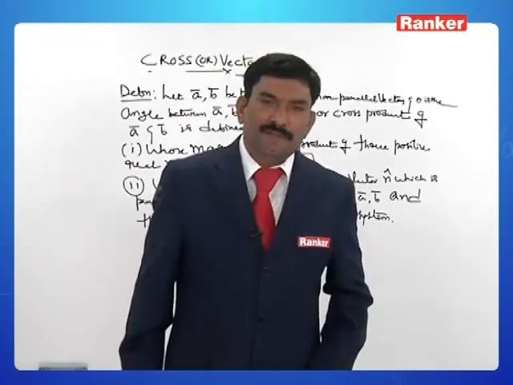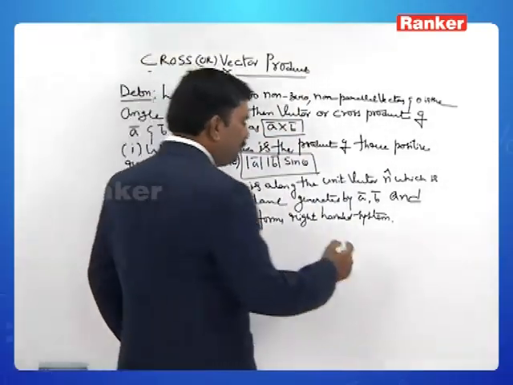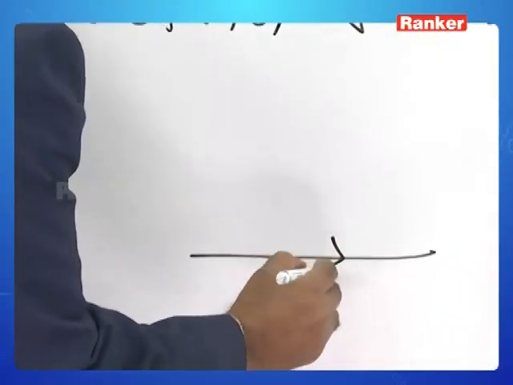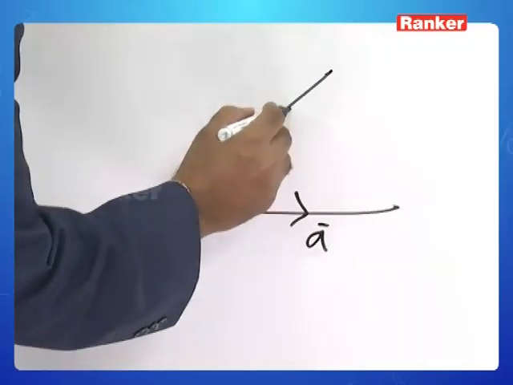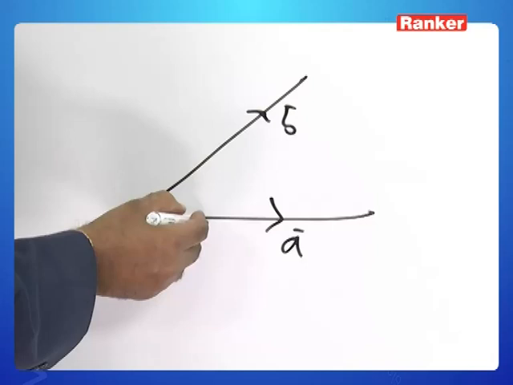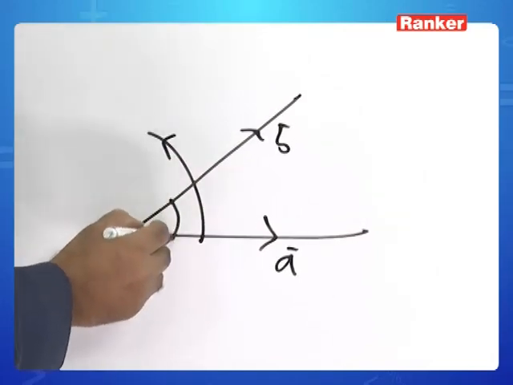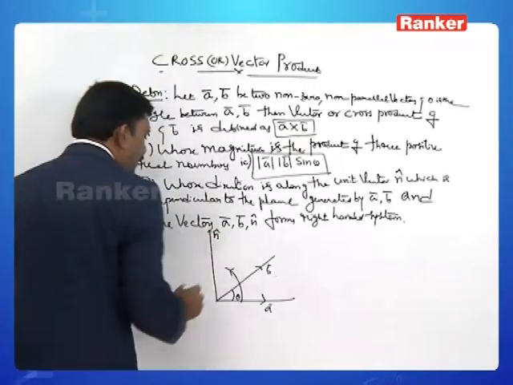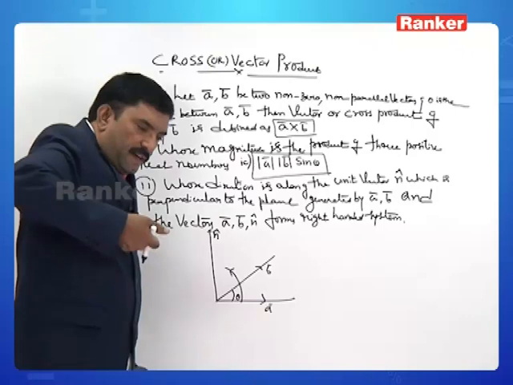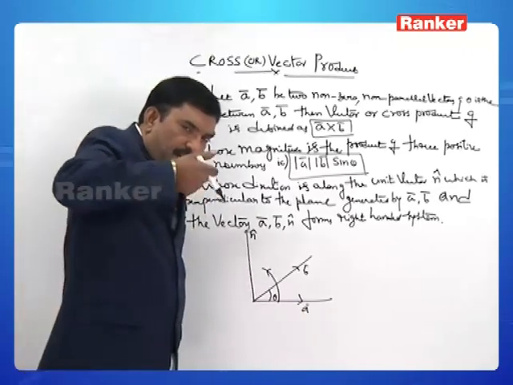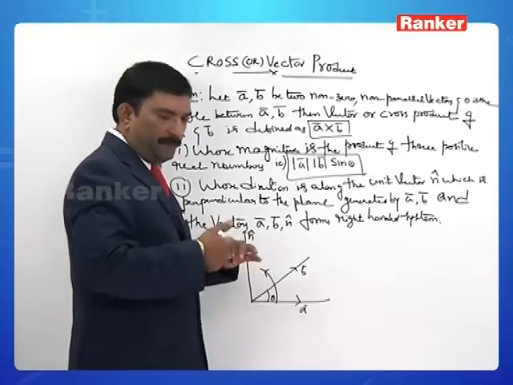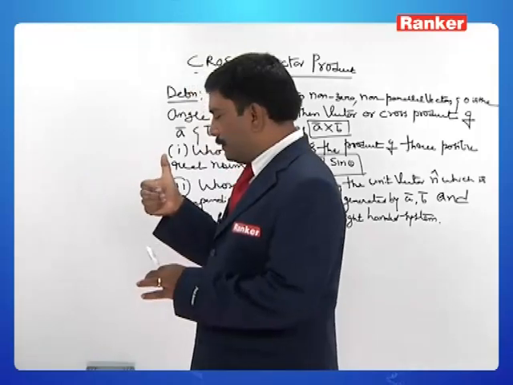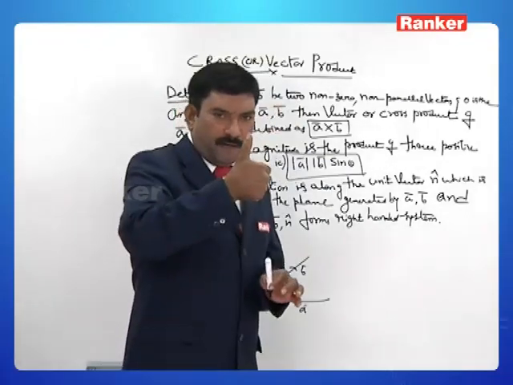Let us see how it is. Look here. This is A bar, this is B bar, theta is the angle between them, and this is nothing but n cap. It's a right-handed screw, right? It is just like this, a right-handed screw.